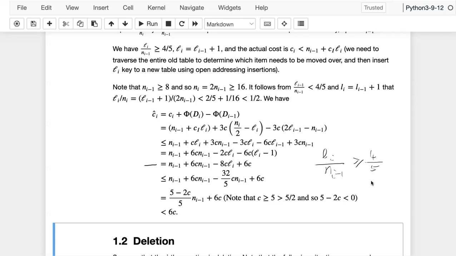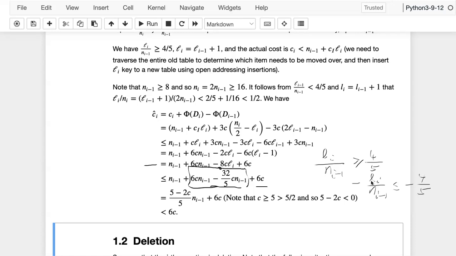Okay, so then the negative becomes less than or equal to negative 4/5, and then 4 times 8 is equal to 32. So that's why we get this. And then plus 6C.